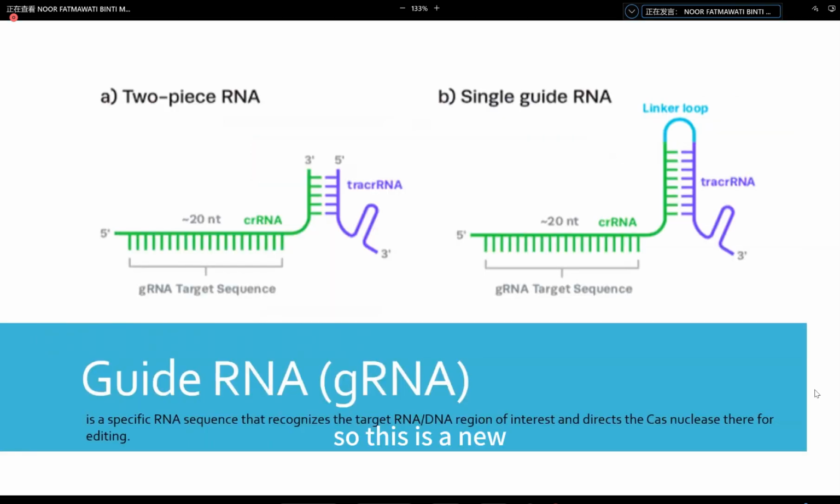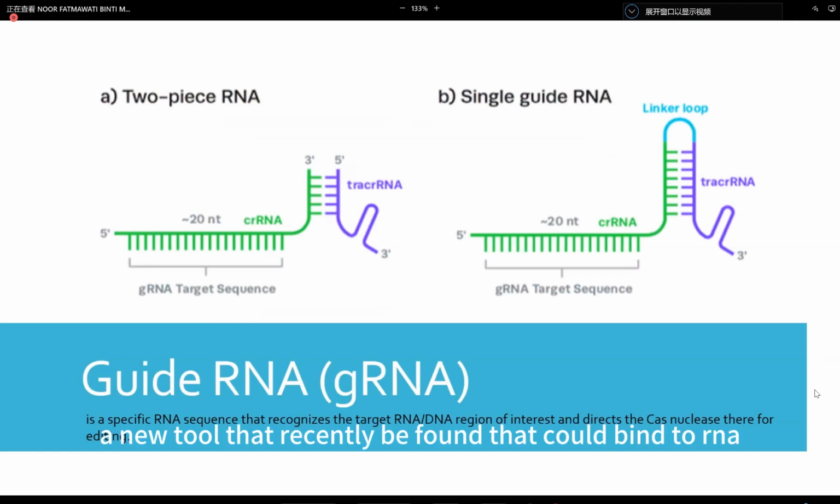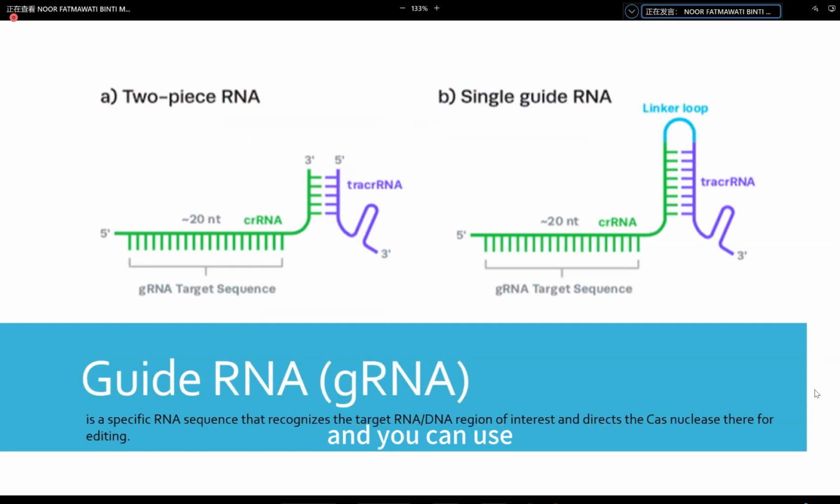So this is a new tool that was recently found that could bind to RNA, and you can use it for detection other than the DNA or RNA probe and primer. That tool is called guide RNA.